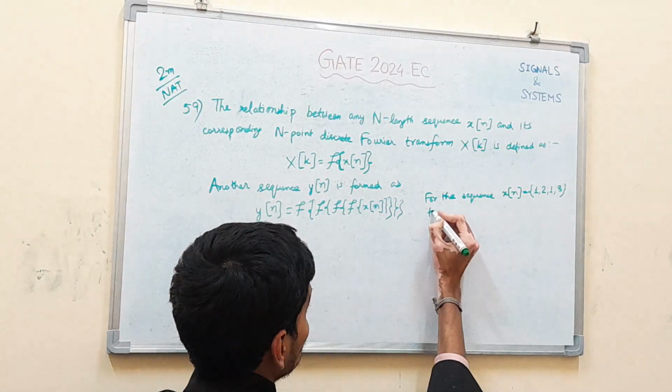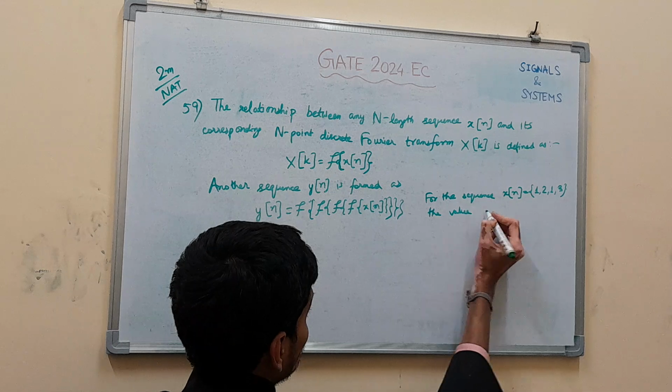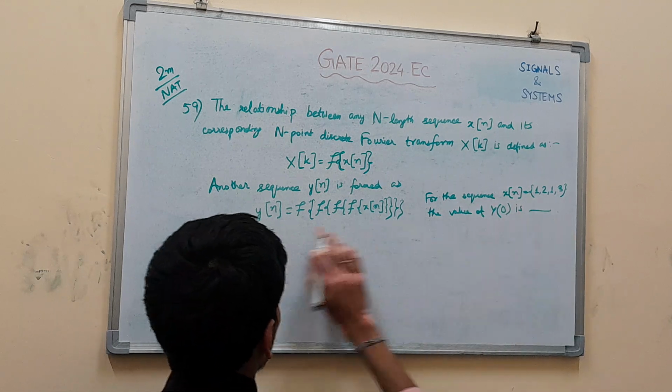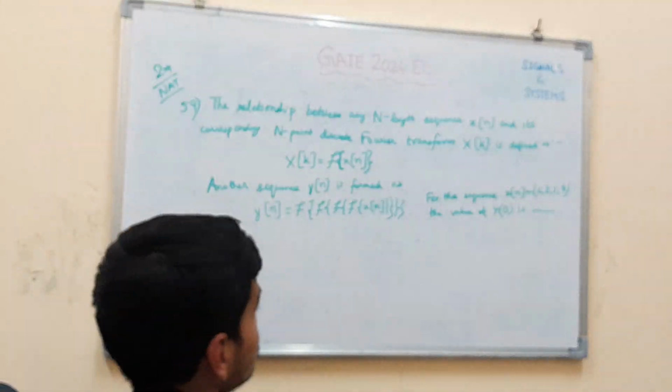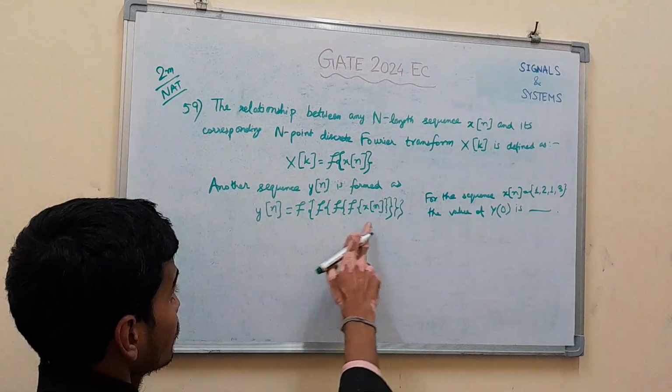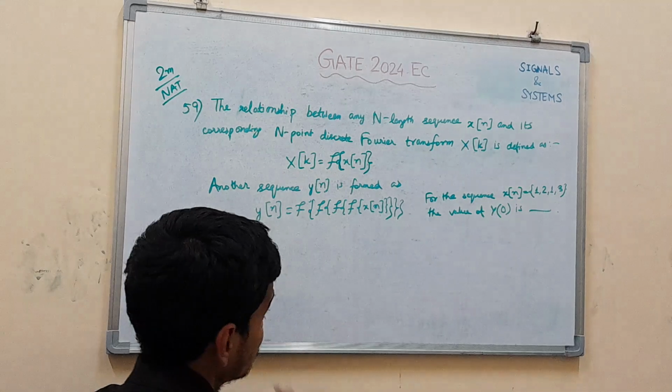The value of y of 0 is, the question basically demands the value of capital Y of 0 when y of n is this sequence, Fourier transform 4 times of x of n.